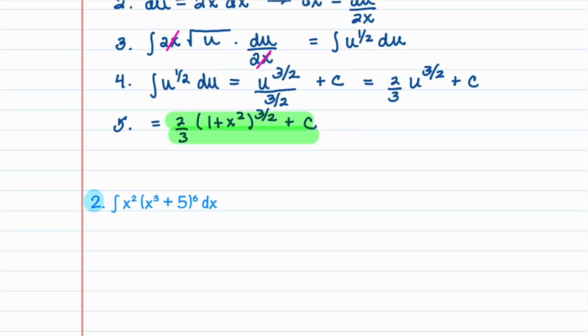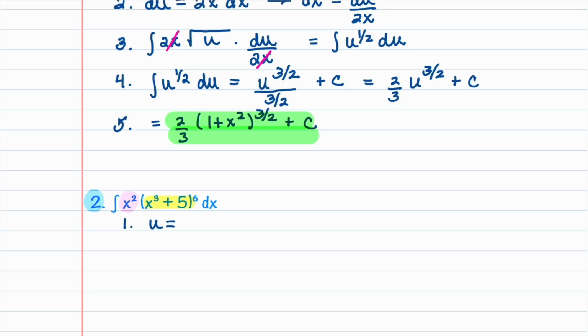Let's now look at our second example. This is a little bit more complicated than the first one. We are integrating x squared times the quantity x cubed plus 5 raised to the 6th power. We're going to start by choosing u. I'm going to let u be equal to x cubed plus 5 because the derivative is 3x squared, and we have an x squared in our integral.